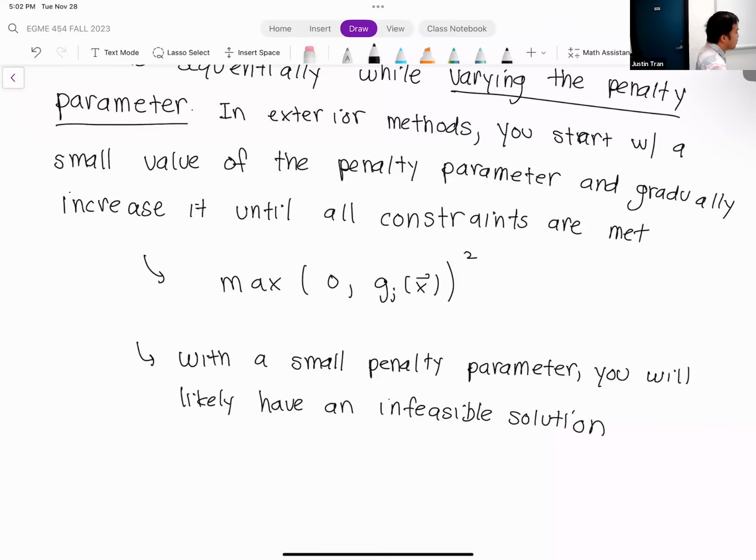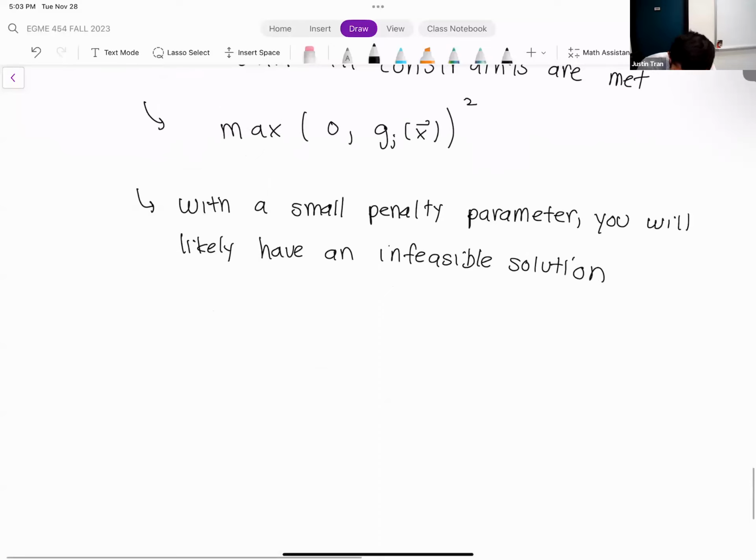An infeasible solution, meaning that whatever the optimum is, it's going to violate one or more of the constraints. Okay. But that's okay, because you're going to take whatever result you get from that, rerun the optimization, but gradually increase the penalty parameter. As you gradually increase it, you're going to become more and more strict with how you enforce the constraints. And then that's going to bring your result within all of the constraints. Okay. So let's go over the exterior penalty function algorithm.